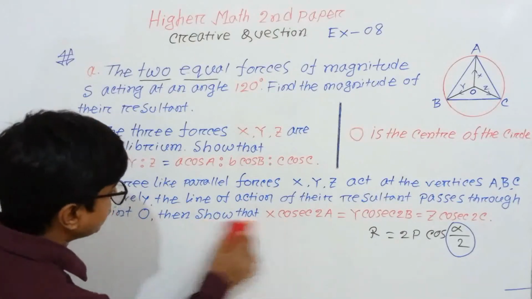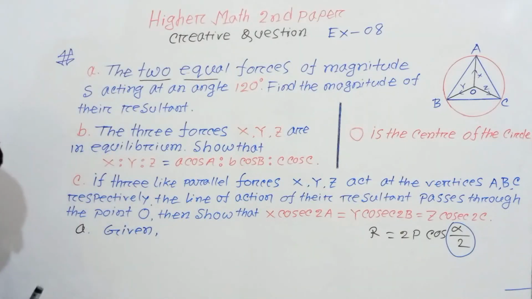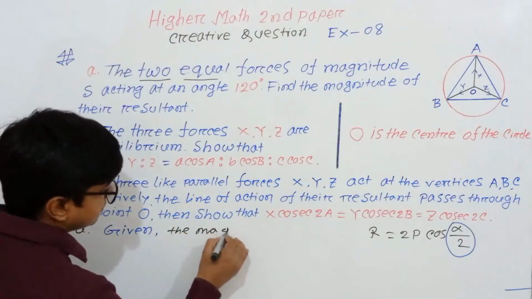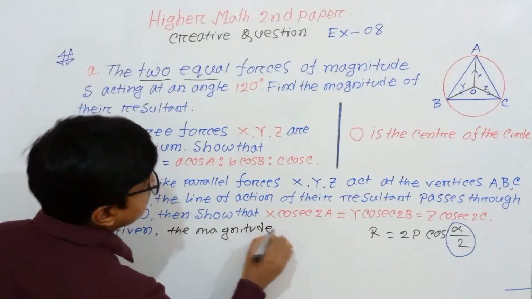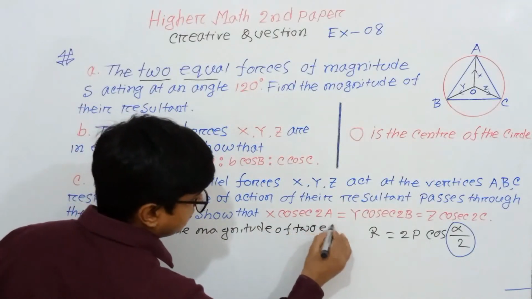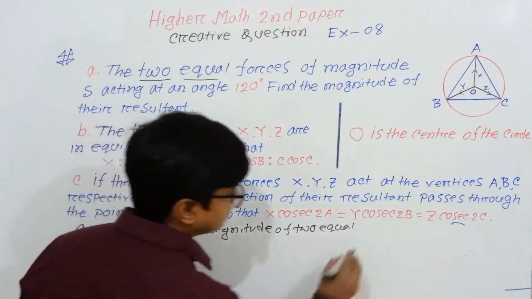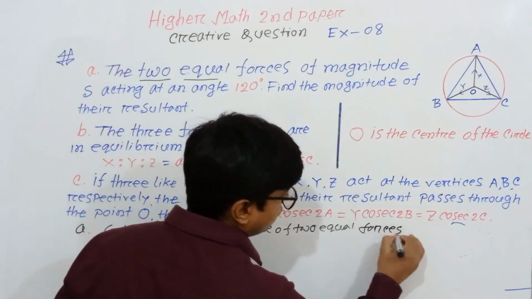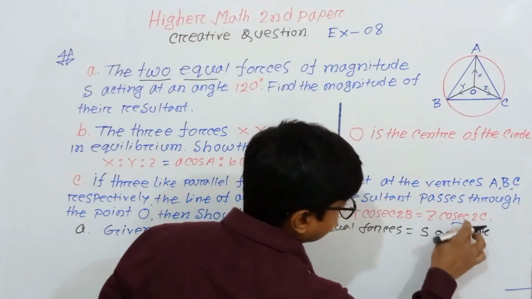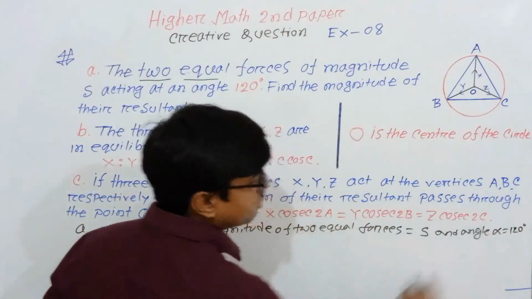So the solution of question number A. Given, the magnitude of two equal forces equals S and angle alpha equals 120 degrees.